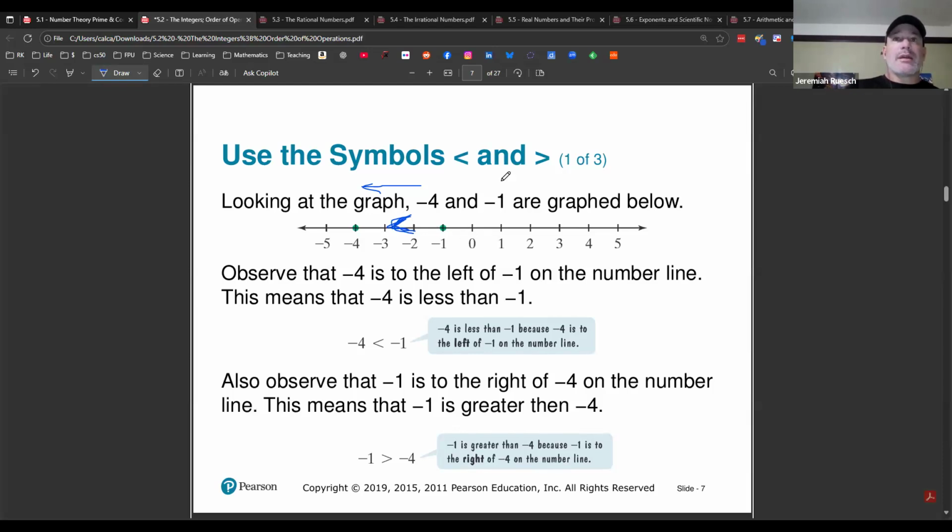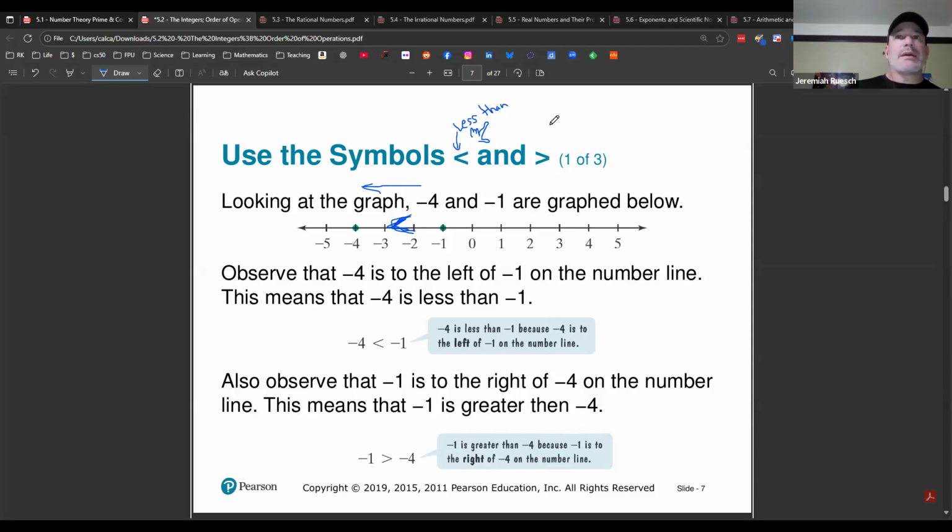Or we could say this symbol means less than. You can remember that because it sort of makes an L, if you think of your hand, like this is your index finger and this is your thumb. It kind of makes an L for less than, and so that's one way to remember that this is less than.